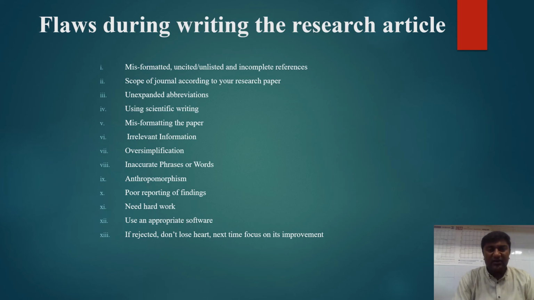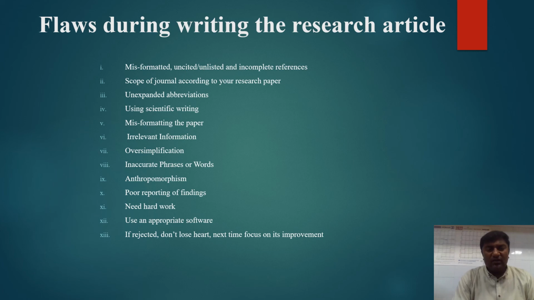And irrelevant information: please don't put irrelevant information in your research article. For example, you are writing the research article about babesiosis, but you are putting information about viruses, bacteria or other organisms. It is irrelevant information.